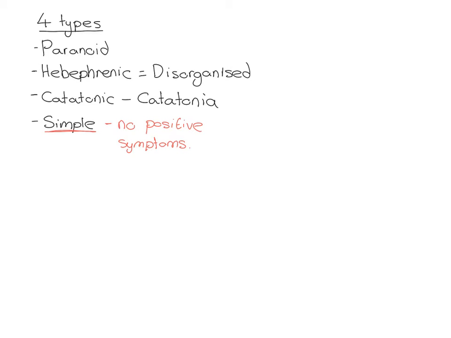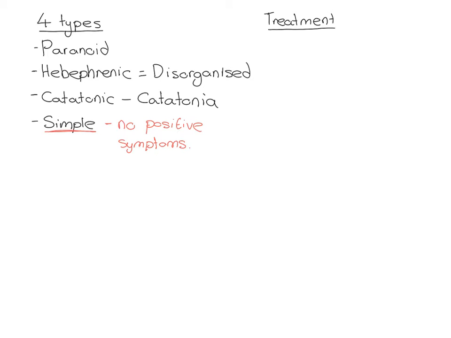So what I would now like to talk about is how do we treat people with schizophrenia. So let's put this up here. So, treatment. So I talked a little bit earlier on about what is the cause of schizophrenia, and one of the major things that puts you at a huge risk of developing schizophrenia is the use of recreational drugs, particularly cannabis, but other recreational drugs as well.